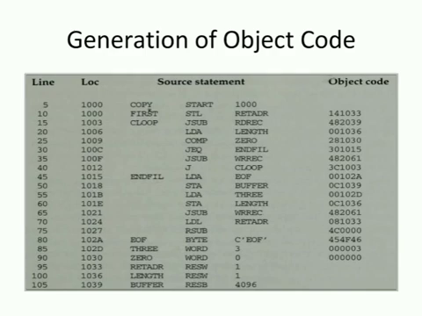Next we will see how to generate the object code for the given example. Before that, we need to understand that in the second column the location counter and the object code are generated. Remember one thing: the location counter is generated during pass 1 of the assembler and the object code is generated during pass 2.